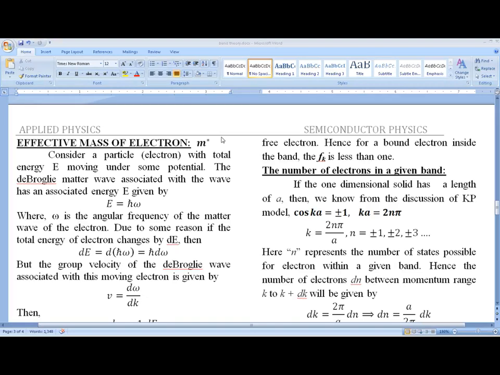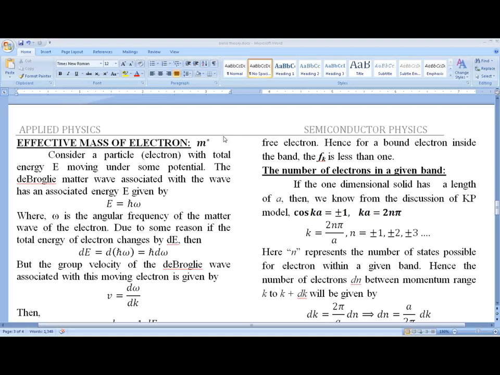Let us assume that there is an electron with total energy E moving inside some periodic potential. As in quantum mechanics every particle is treated as a wave, even this electron has an associated matter wave.